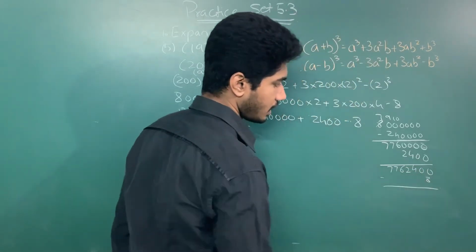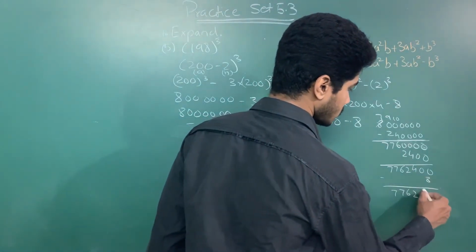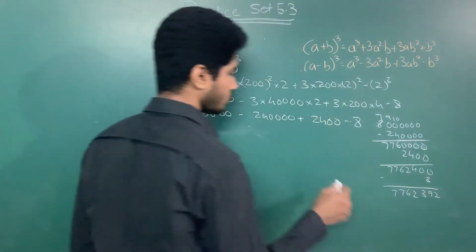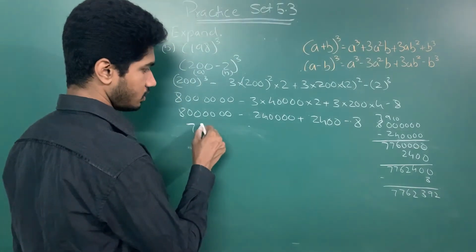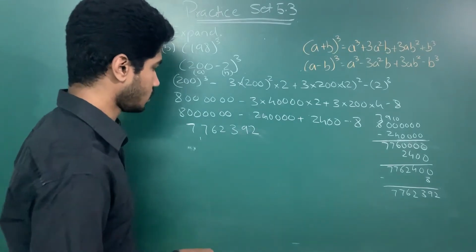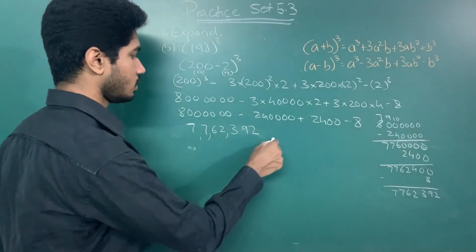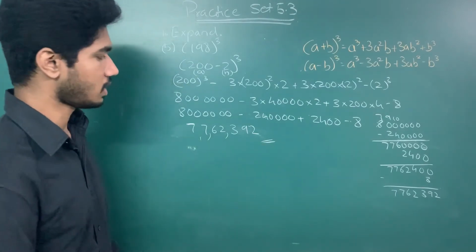So when you subtract 8, you get 7 7 6 2 3 9 2. Therefore the final answer you can just write 7 7 6 2 3 9 2, which you get as 77,62,392. Therefore this is your final answer.